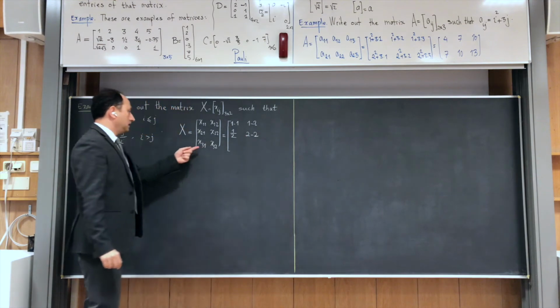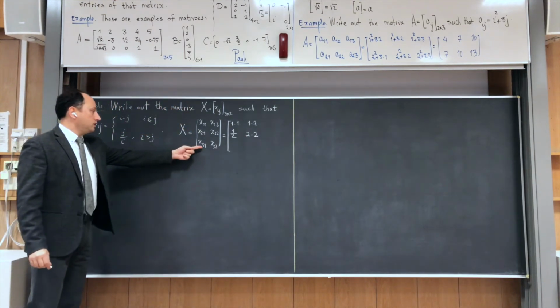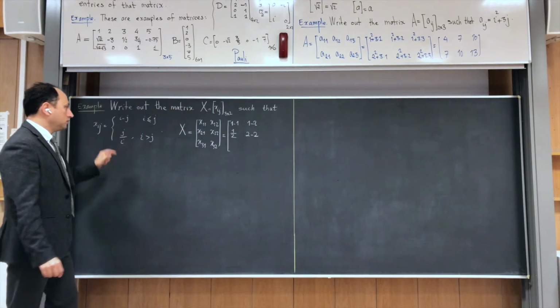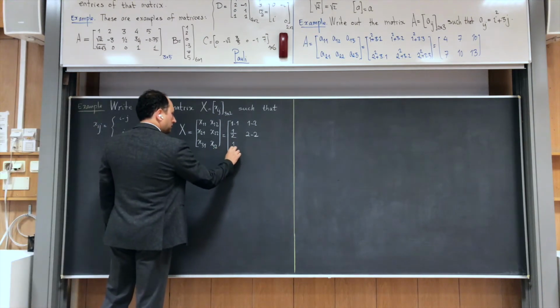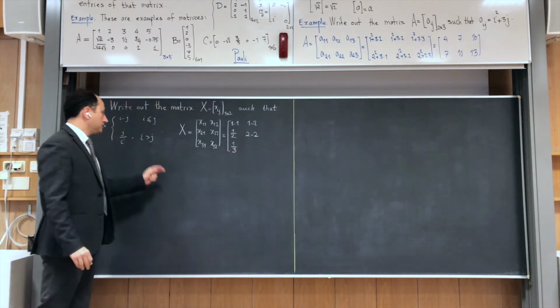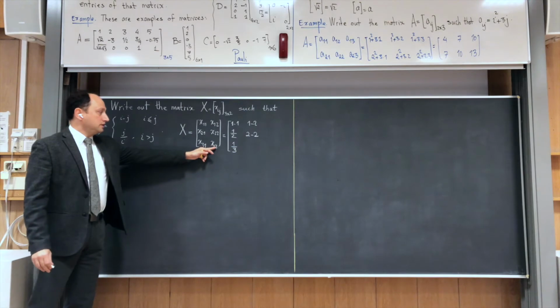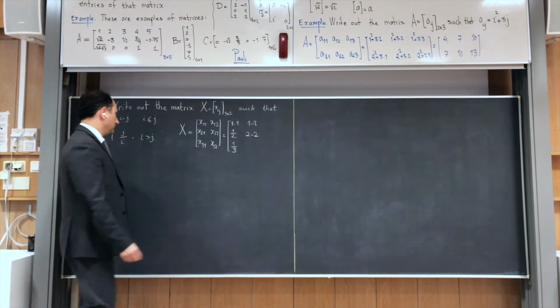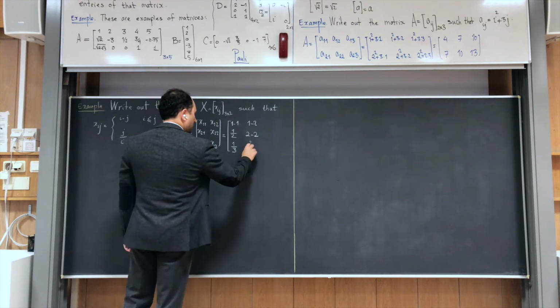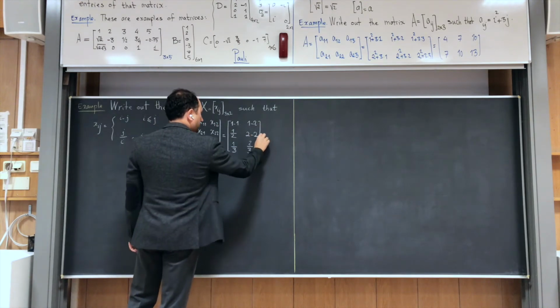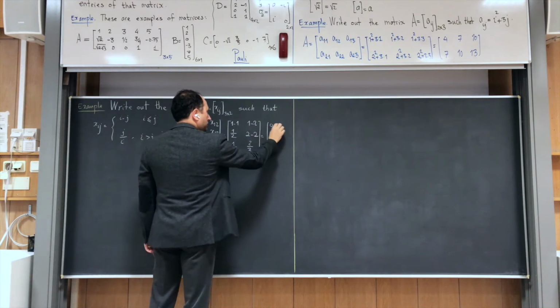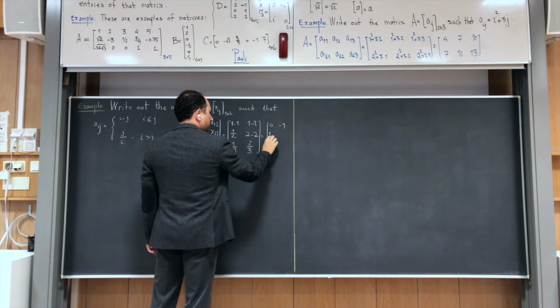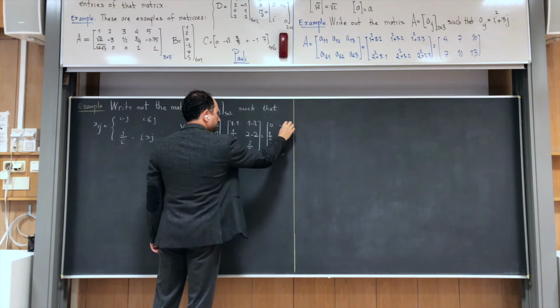And then finally, for the same reasons, x31 is 1 over 3, and x32, still the row index is greater than the column index, so I need to divide the column index by the row index, so it becomes 2 over 3. And of course, I can simplify this: 0, negative 1, 1/2, 0, 1/3, 2/3.